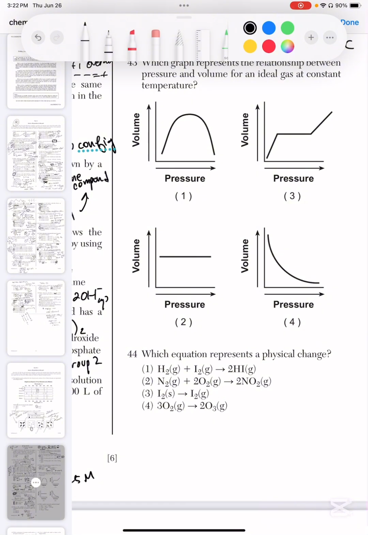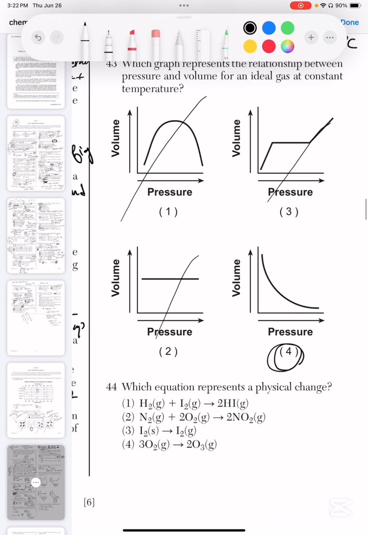Oh my god. Which graph represents the relationship between pressure and volume of an ideal gas at constant temperature? This one doesn't make sense, and this one also doesn't make sense.